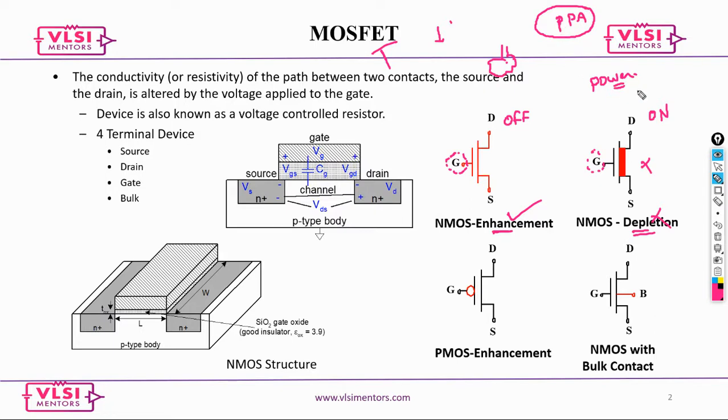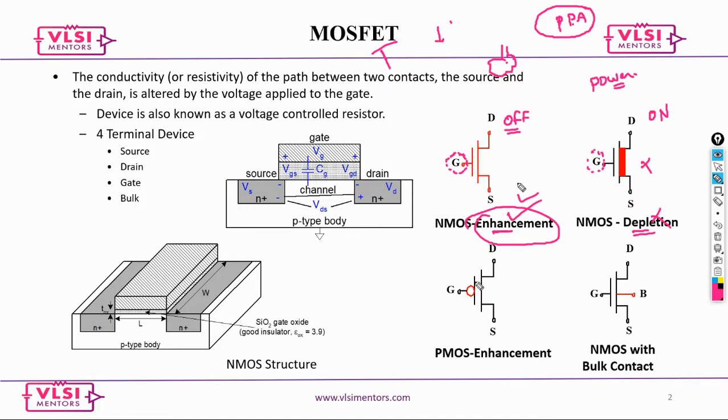We always need to worry about power, performance, and area. So we will not have any transistor that is on by default; we use the ones that are by default off. Whenever you want it, you may turn it on. So the enhancement type MOS is what we always use in our industry.